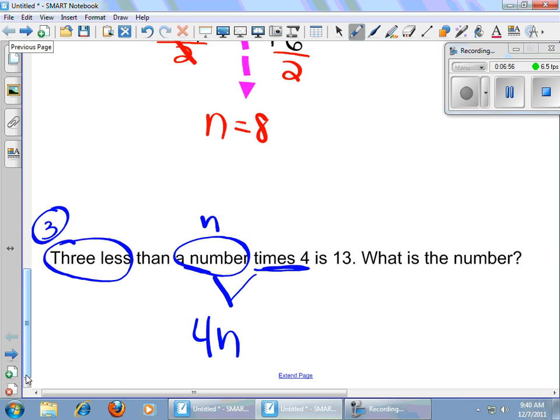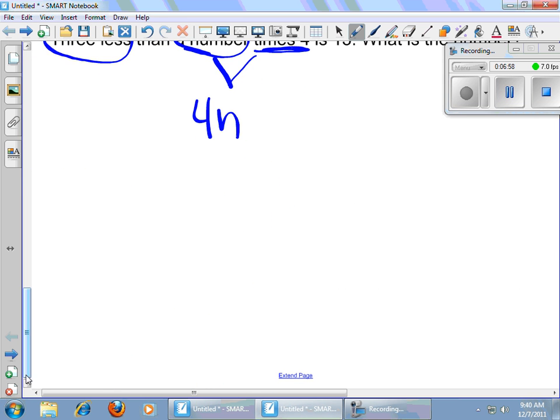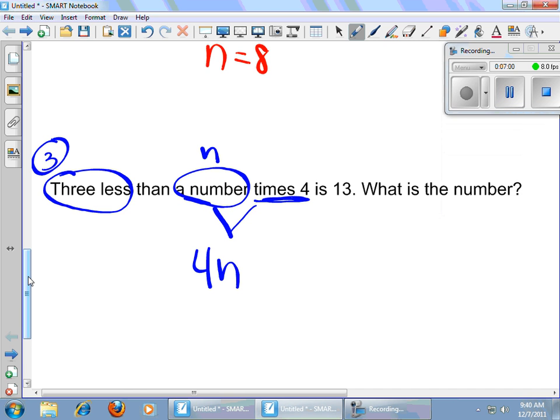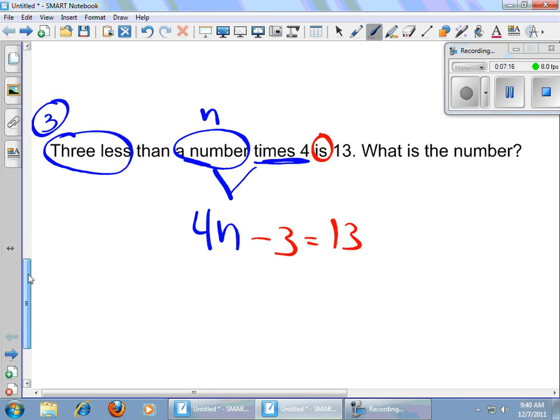Okay, I need a number, n, times 4, 4n. I need 3 less than that number. Well, I need to subtract 3 from there. Equals 13. And I have a two-step equation. This is easy stuff.